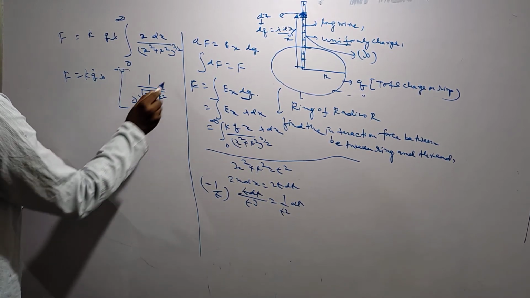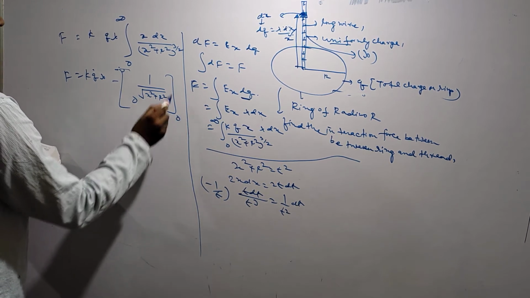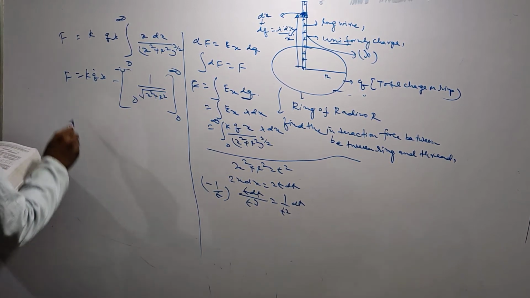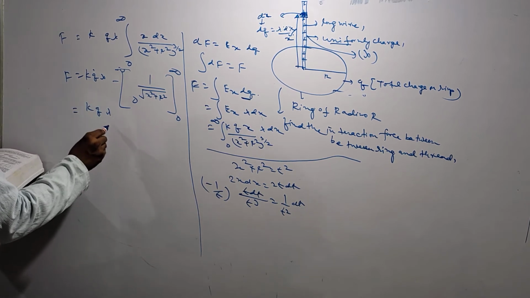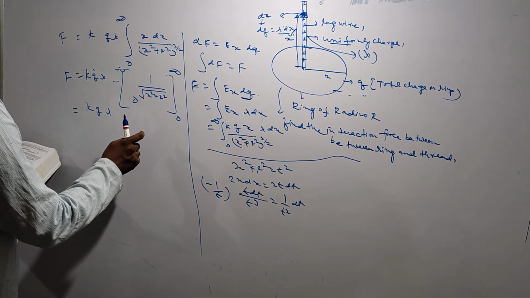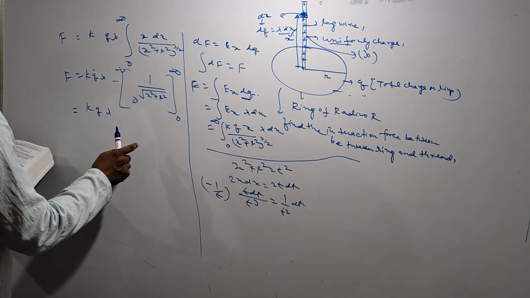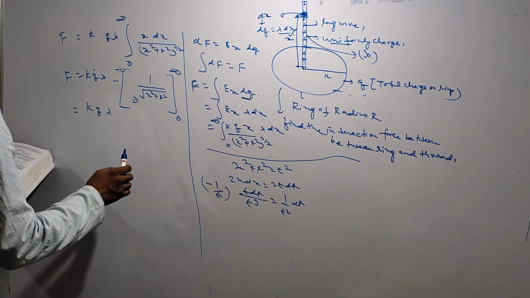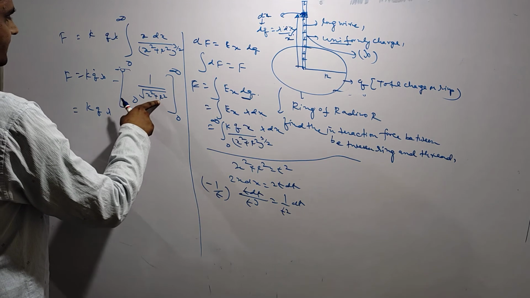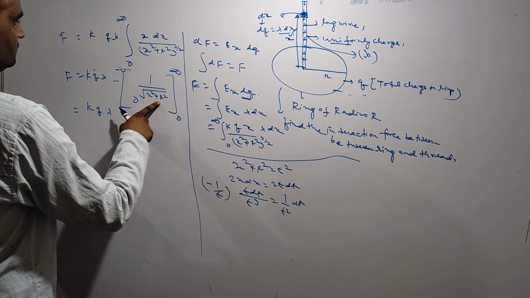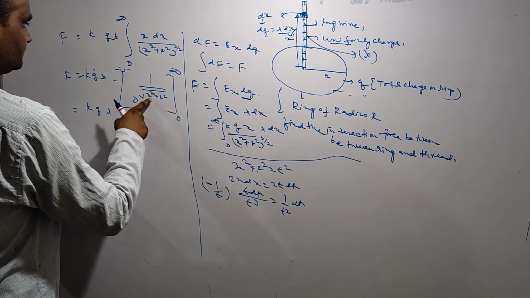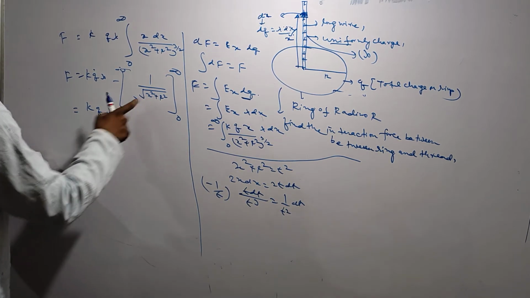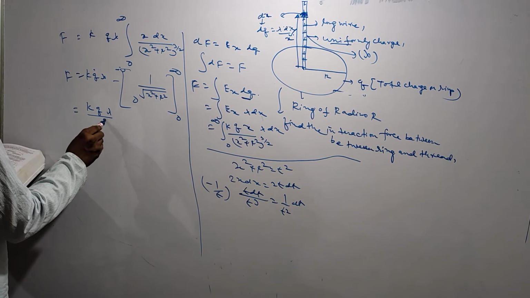So we have kq lambda. When you put infinity, it will become 0, and when you put x equal to 0, we are left with r.